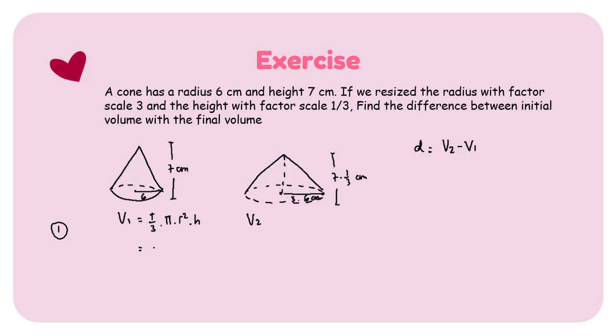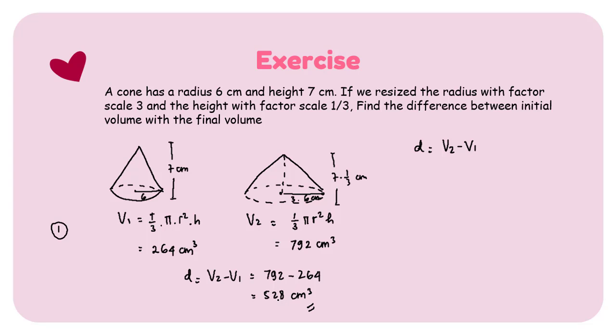So for the first cone, we got the volume 264 cm³, and for the second cone, we can also find the volume. We got 792 cm³. And then to find the difference, we subtract the first volume from the second volume, and we get 792 minus 264, which is equal to 528 cm³. So this is the difference.